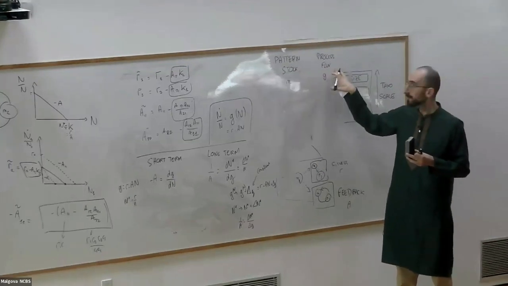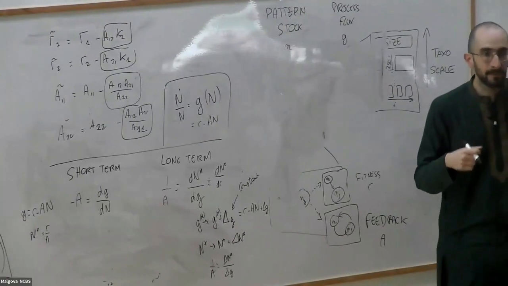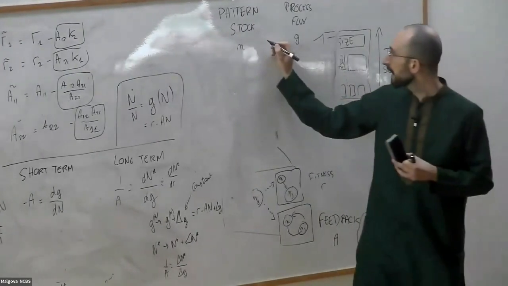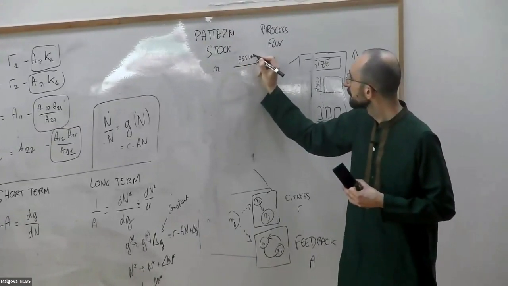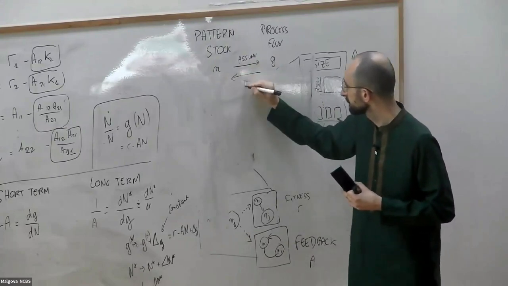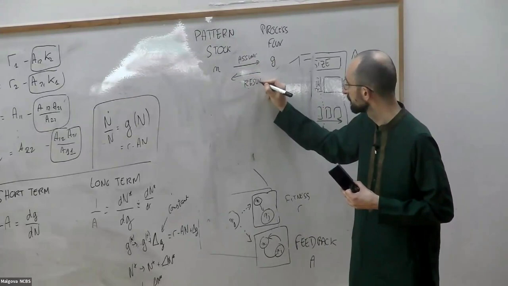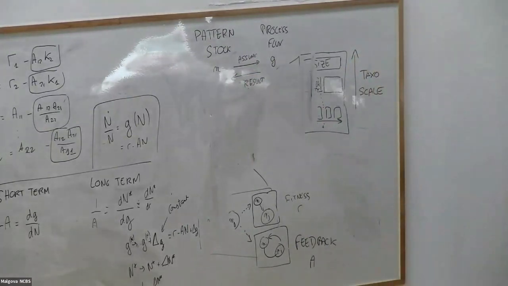I'm assuming how the flux depends on the stock. That's my assumption. That's what I'm bringing to the world. Now, what emerges from the model is the other arrow. So this is assumed, and this is what you get out of it, the result of the model. I don't know if that makes sense to you, but at least for me, it makes sense.